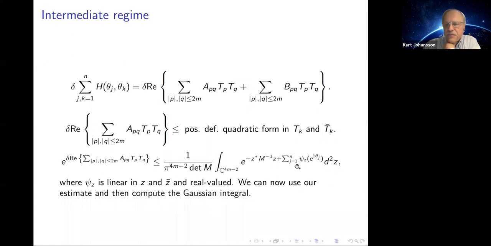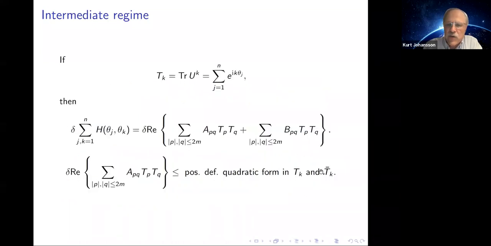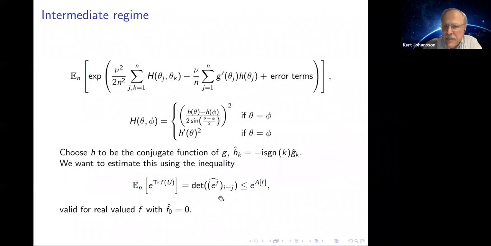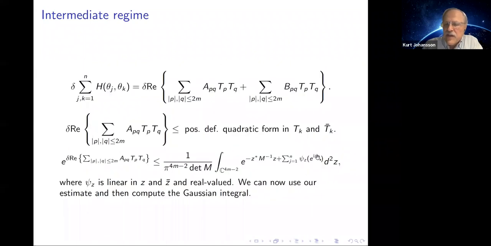It's a linear statistic now. So if I take the expectation of this object, I can take the expectation inside, over the unitary group, and again use this bound here. Then I get something quadratic in z, but it's still a Gaussian integral, and I compute it and get some estimate.